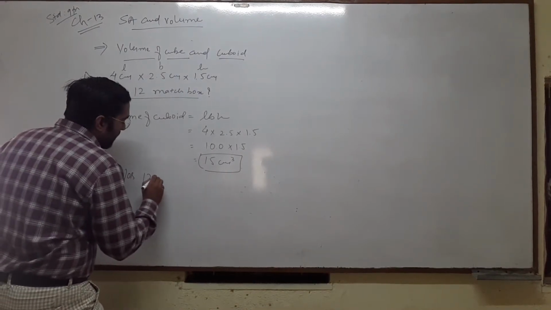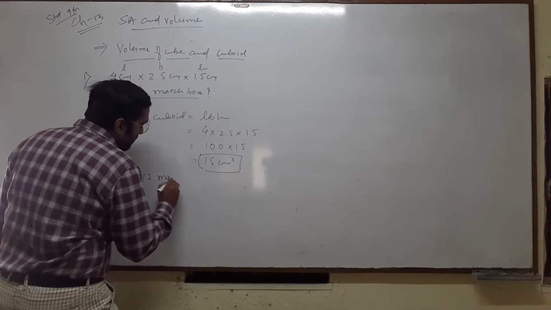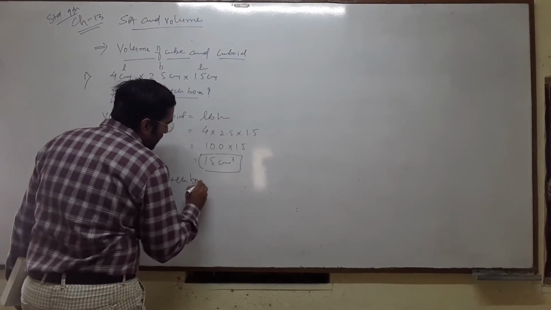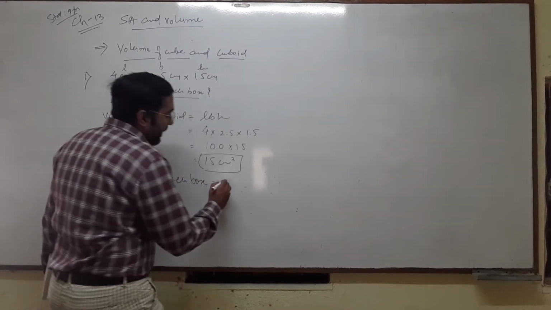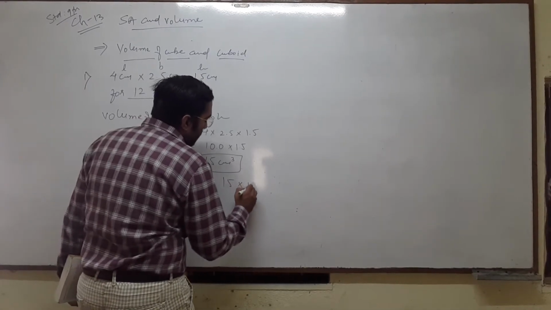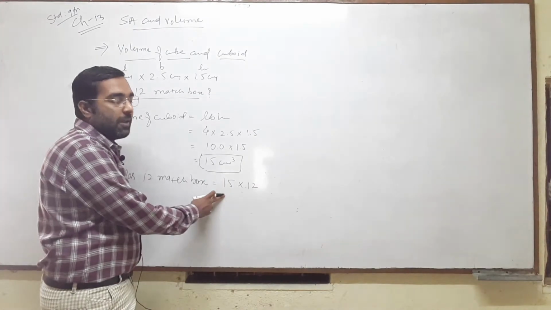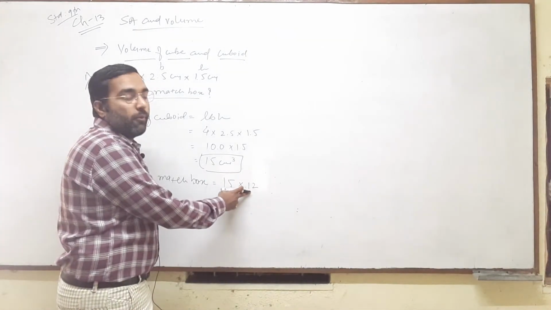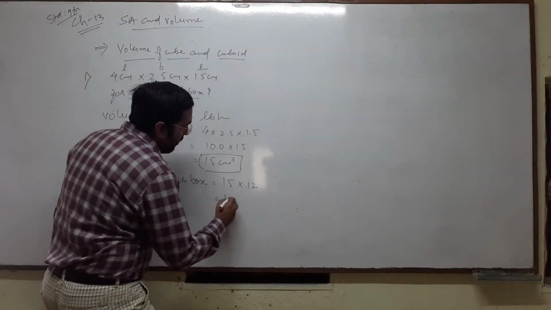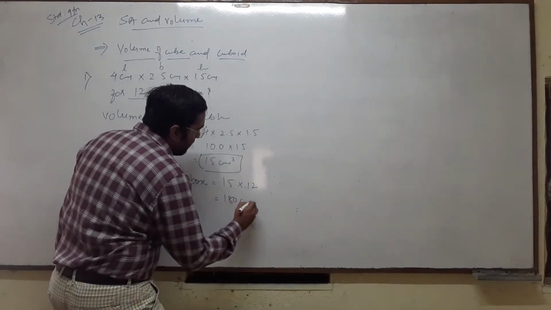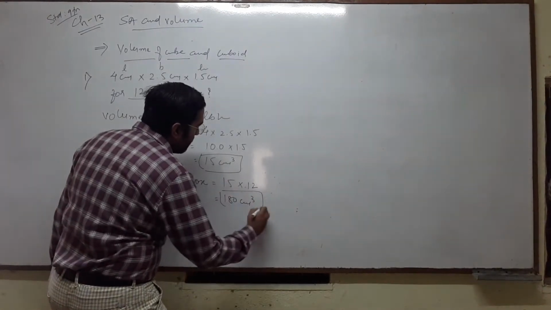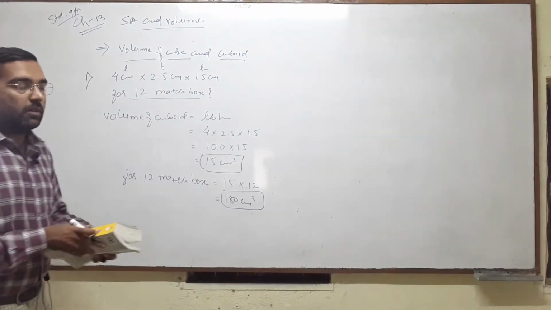For 12 such matchboxes, I'll multiply 15 into 12, because here is my volume of one matchbox into 12, that is the volume of 12 matchboxes, that is 180 centimeter cube. Okay, clear?